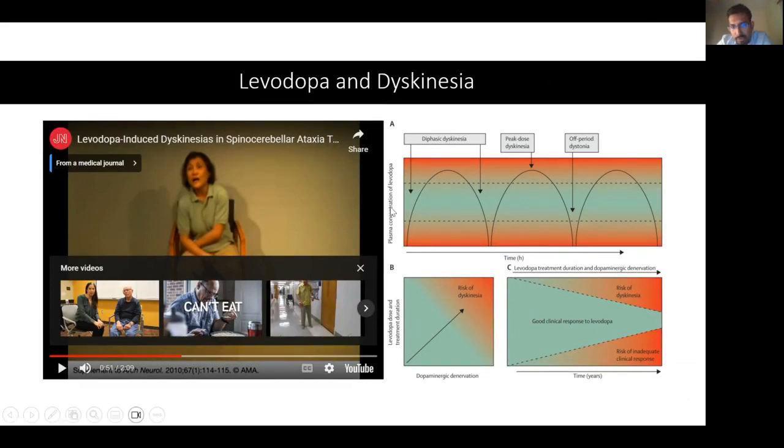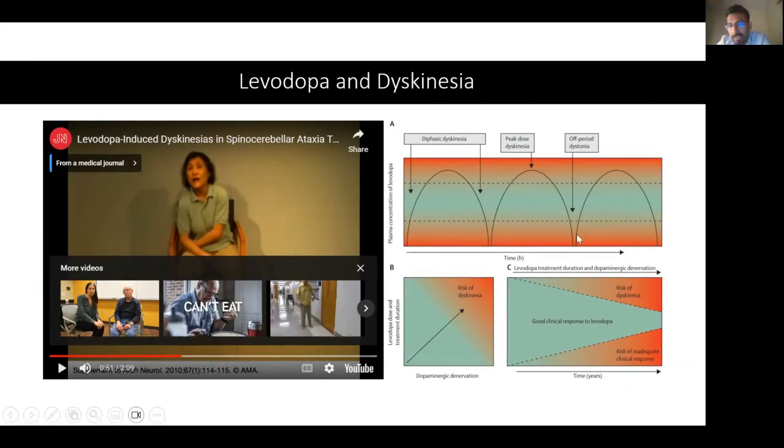Now if we focus on the chart on the top right side, it shows a graph of the plasma concentration of levodopa. This gentleman takes the medicine 3 times a day. If the dyskinesia appears when the blood level of levodopa is highest, it's called peak dose dyskinesia.